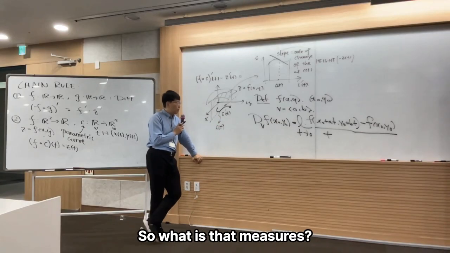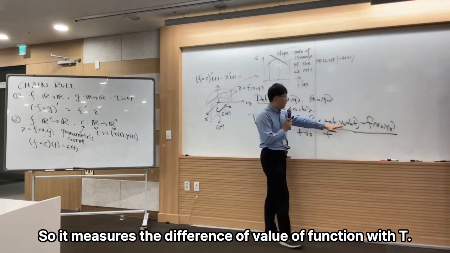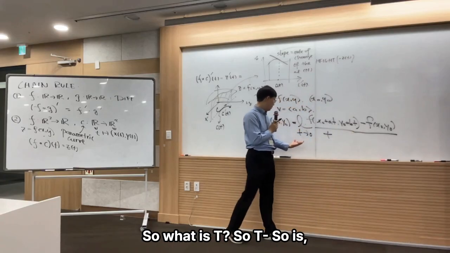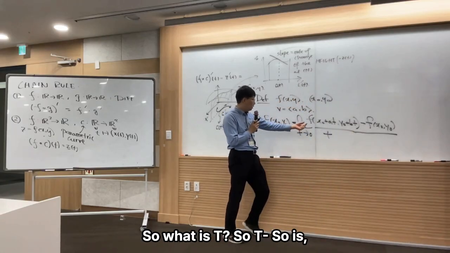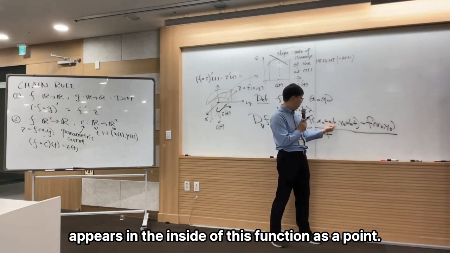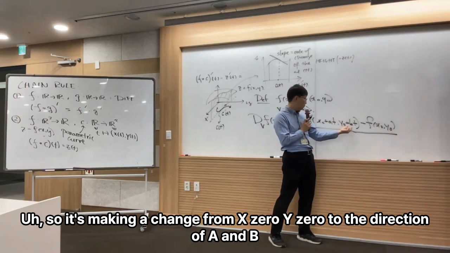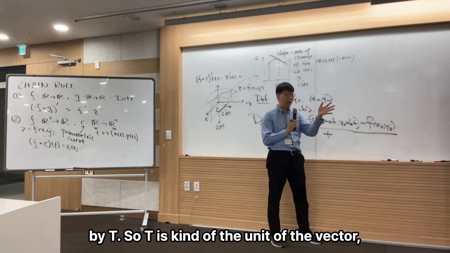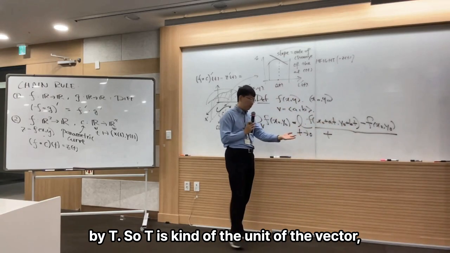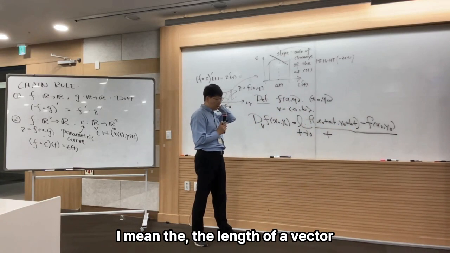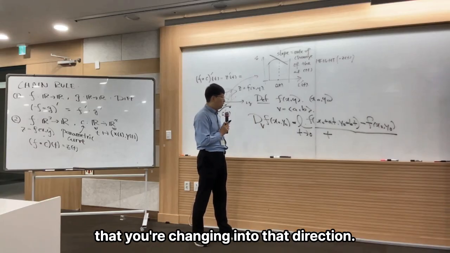So what does that measure? It measures the difference of the value of the function with t. What is t? t appears inside this function as a point. It's making a change from (x0, y0) in the direction of (a, b) by t. So t is kind of the unit of the vector, the length of the vector that you're changing into that direction.